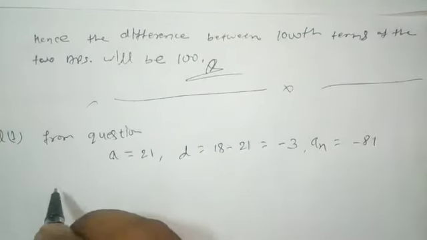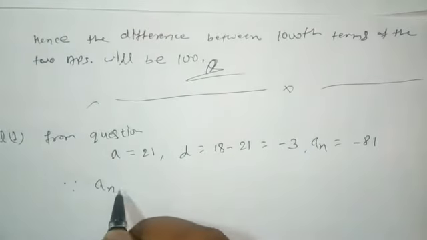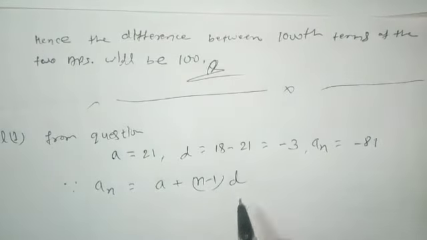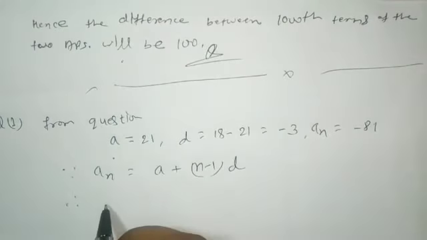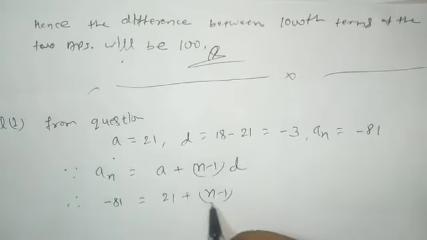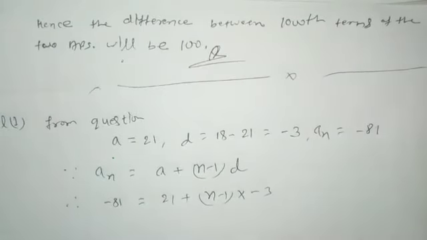Now, because an is equal to a plus (n minus 1) into d, therefore minus 81 is equal to 21 plus (n minus 1) into minus 3.